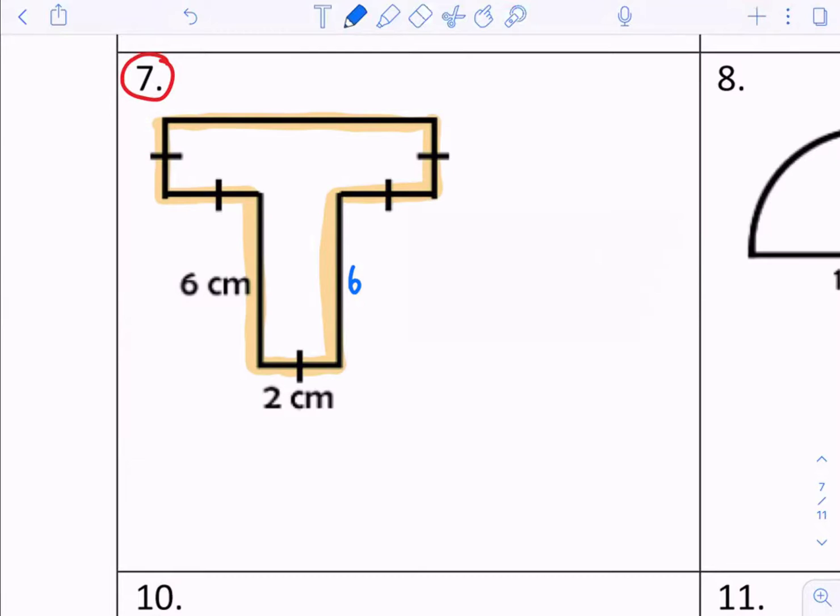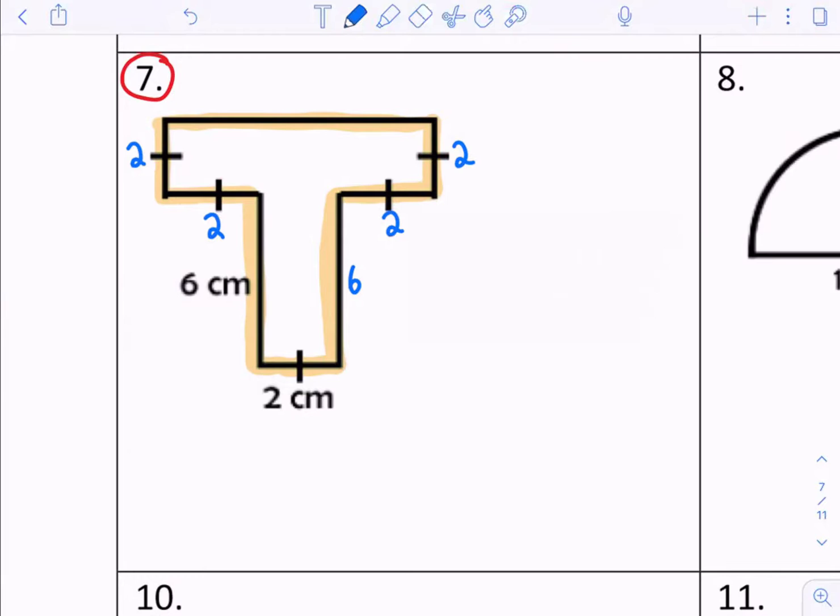I think what we also should notice here is we have these hash marks. If we have these hash marks, that means all of these segments are congruent. So if this down here is marked as 2 centimeters, that means this is 2 centimeters, and this is 2 centimeters, and this is 2 centimeters, and that's 2 centimeters. Then we're almost there.